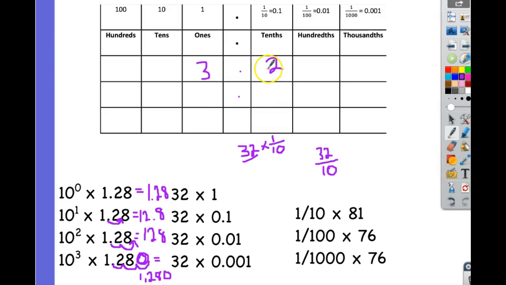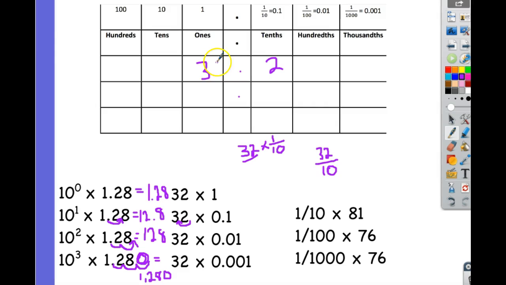I still have 32/10, but I would make 3 of those groups of 10 into a whole, and then that would become 3 wholes and 2/10. All right, so we'll look at that with actual base 10 blocks tomorrow. But I just wanted you to be able to see that's kind of how it works. But another way to think of it is, when I multiplied 32 times 1/10, I'm moving my decimal over to the left once.